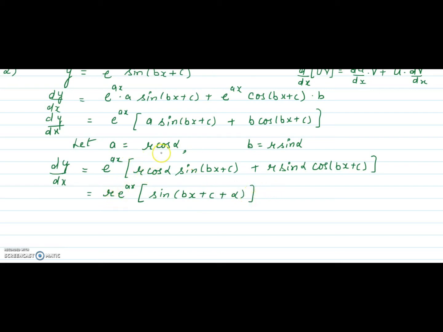R is common, and here these values of a and b are used for this a and this b, so that we can combine this whole term into one single term. And you know that when I take the formula sin a cos b plus cos a sin b, it is equal to the sine of the sum of these angles.